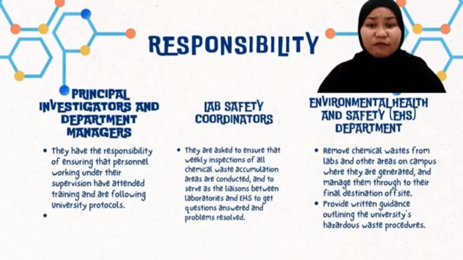The last one, the Environmental Health and Safety (EHS) department has to remove chemical waste from labs and other areas on campus where it is generated and manage it to its final destination, and provide written guidance outlining the university's hazardous waste procedures.